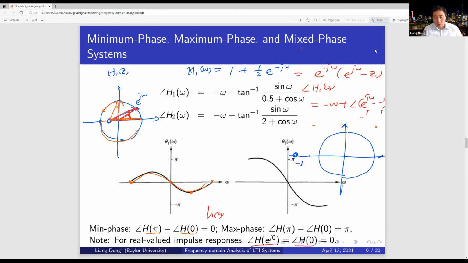Similarly, when we calculate the phase angle at any point on the unit circle, which is e to the power j omega, what we do is find this angle. That's the difference between here and here. So the angle is this angle, and of course, you take a negative sign.